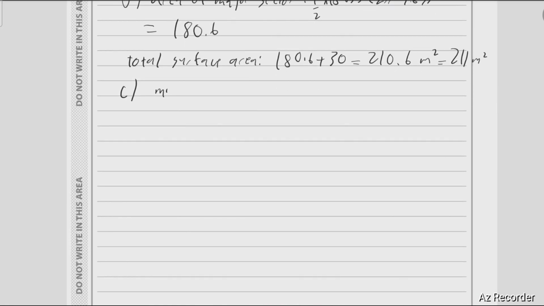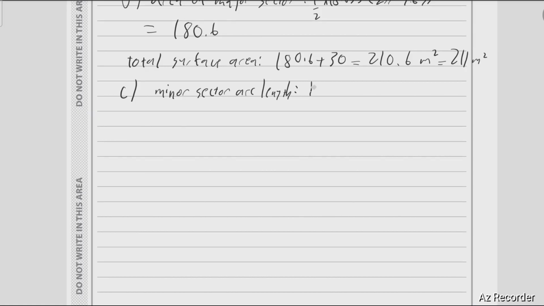So the minor sector arc length is r, 6.03, times theta, which is 1.65, equal to 9.95.